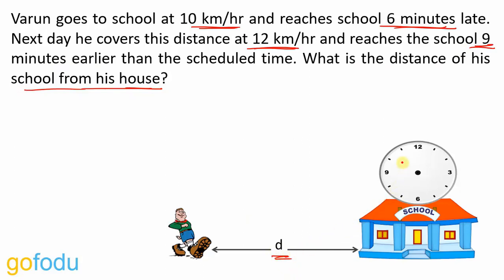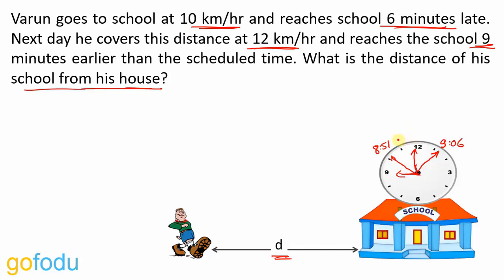Let's say the time at which school starts is 9 a.m. Now when he reaches 6 minutes late, he reaches at 9:06. And when he reaches 9 minutes earlier, he reaches at 8:51.